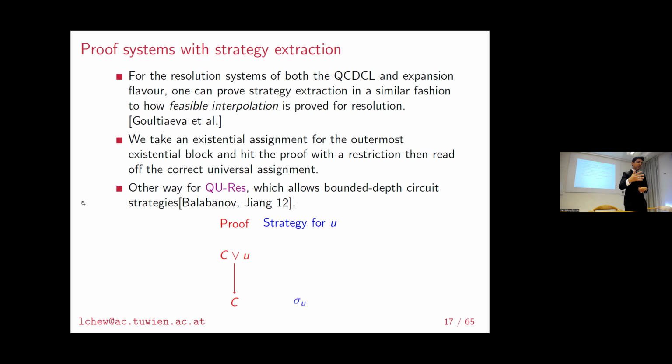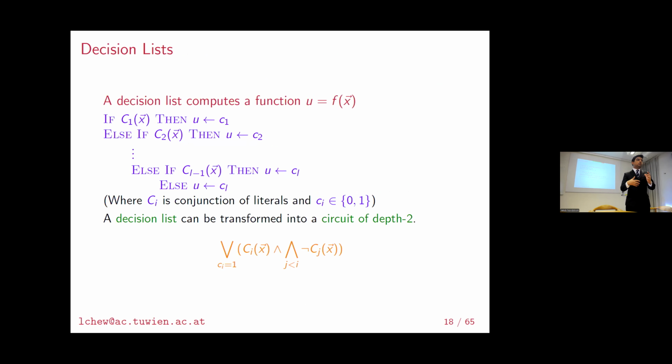Say we have a strategy that works when we have derived C. Can we derive a strategy when instead we had C or U? Well, if C is false, then we set the value of U to be 0. Otherwise, we play the old strategy. In this way, we can construct a decision list moving backwards in the proof for each of the universal variables. And a decision list is actually a bounded depth circuit. You can write it in this way here.